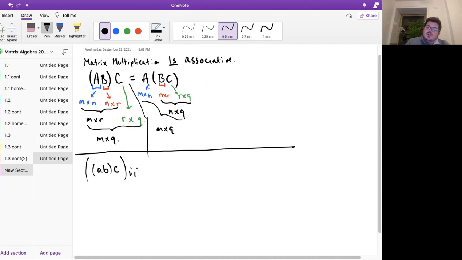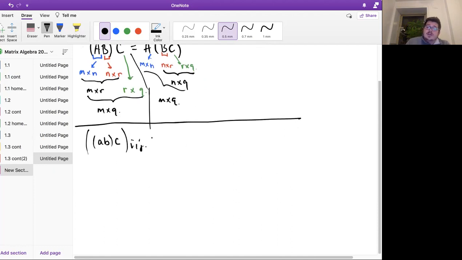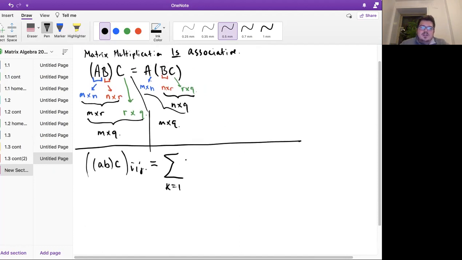So doing AB first and then times C, just by the normal definition of matrix multiplication, I'm summing from k equals 1. Now let's look at the dimensions here. What am I summing to? I've done the AB product first and now I'm multiplying by C. So which of these letters should I sum up to?